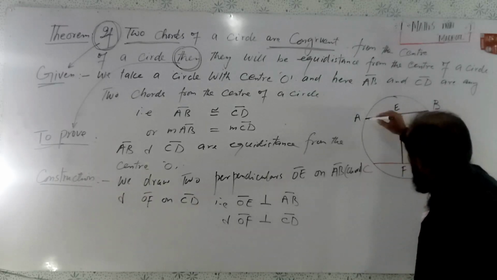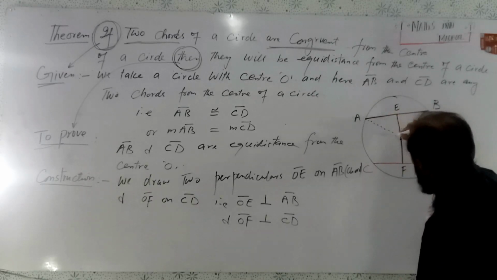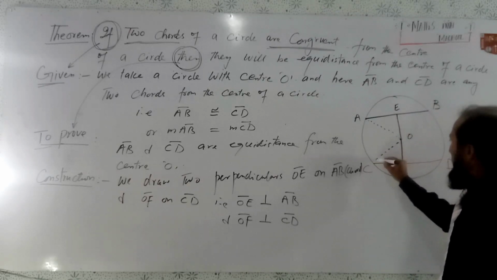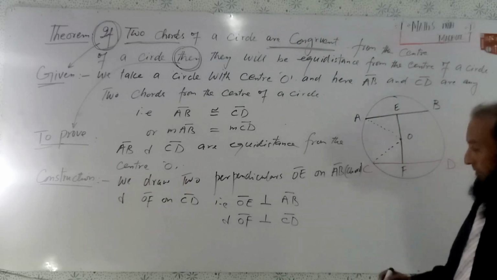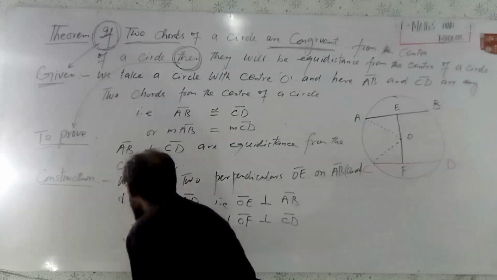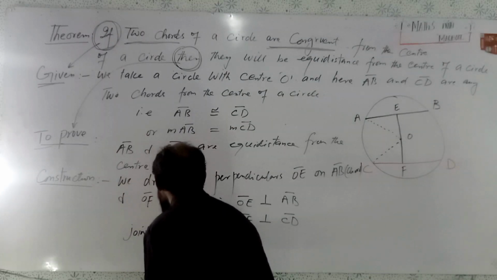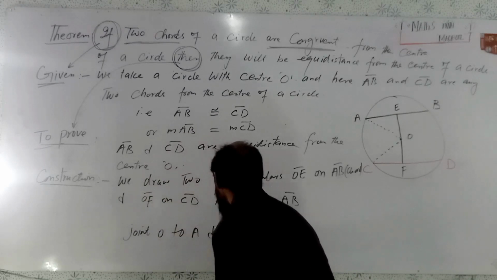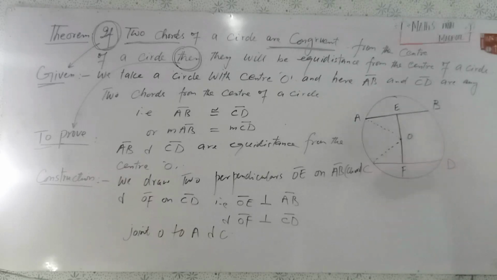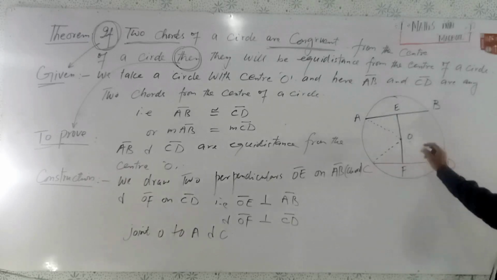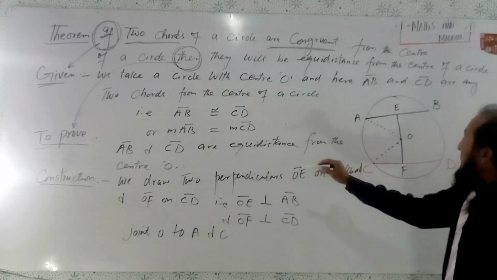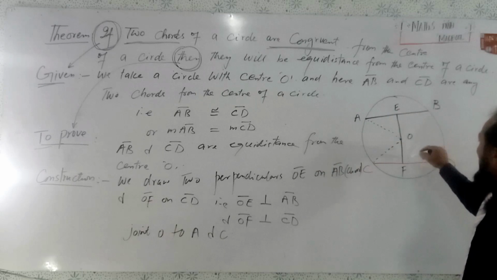Now join OA, that is called a radius, and similarly we join OC. Join O to A and C. That means we can also write the measurement OE as perpendicular, and OF.